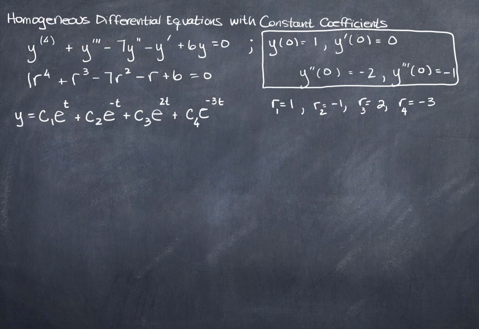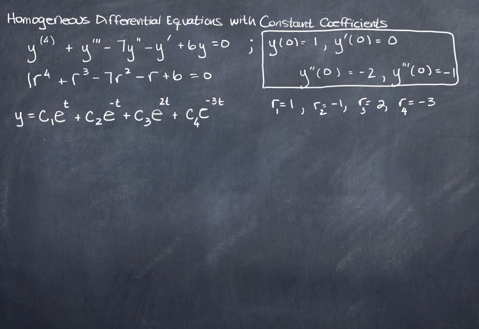There's my general solution, but I have initial conditions. So I want to see if I can find a particular solution. The initial conditions tell me that if I know my equation, right, I know the solution, then I can plug 0 in for t and I'll get 1 out for y. So I could get some more information by doing that. Let's go ahead and do that.